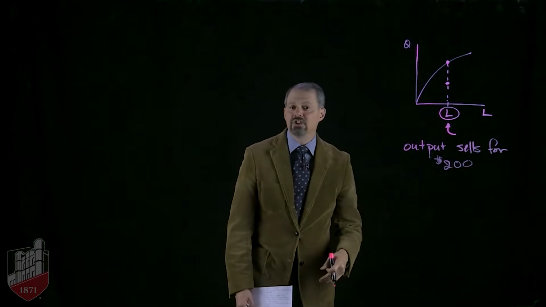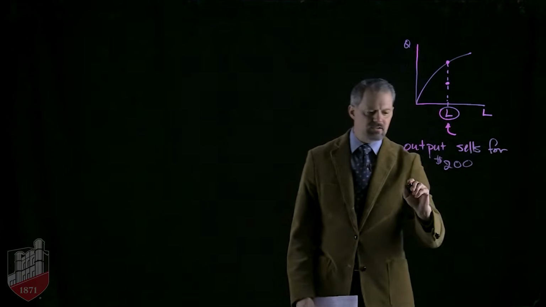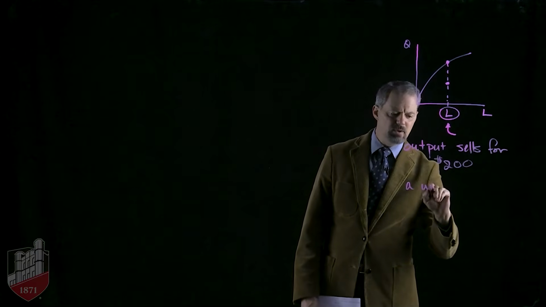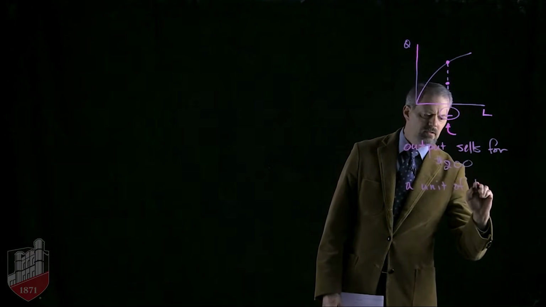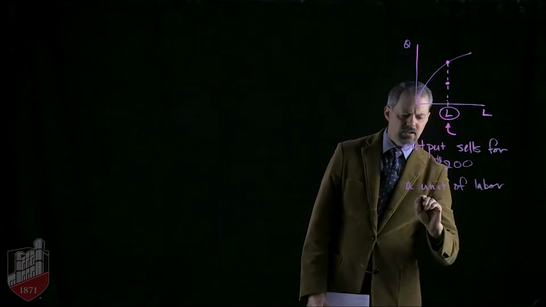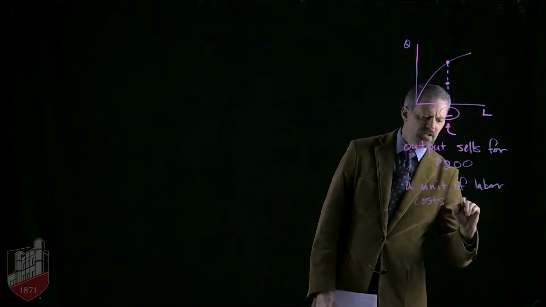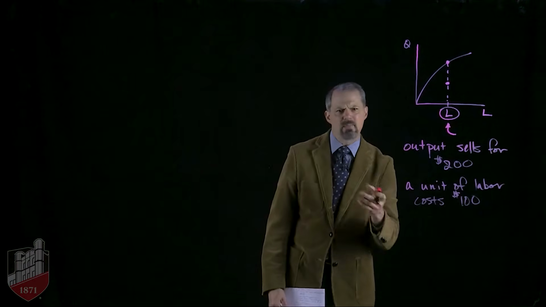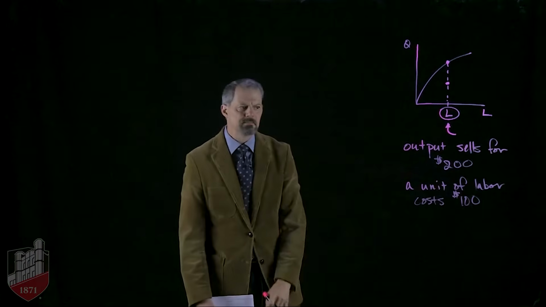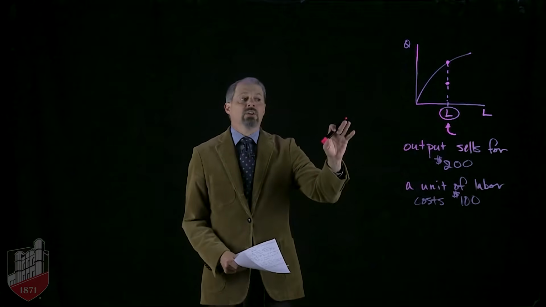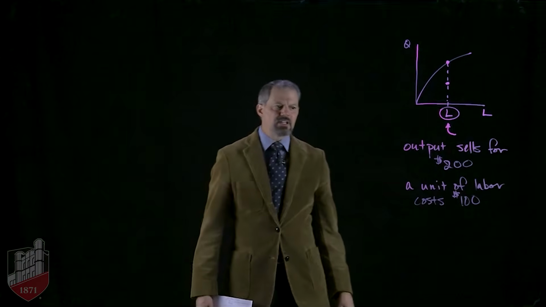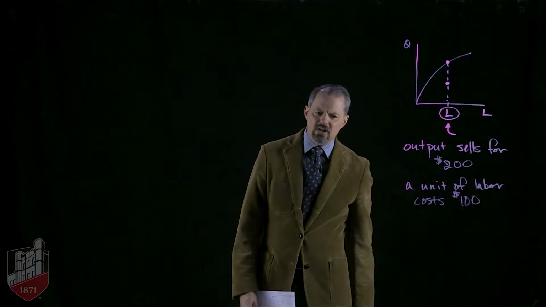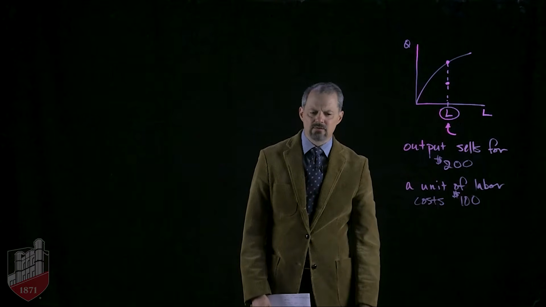And let's suppose that a unit of labor costs $100. We could think about that as maybe a day or a certain amount of time. It doesn't matter. Okay. So output sells for $200. The labor is going to cost you $100 to employ it.